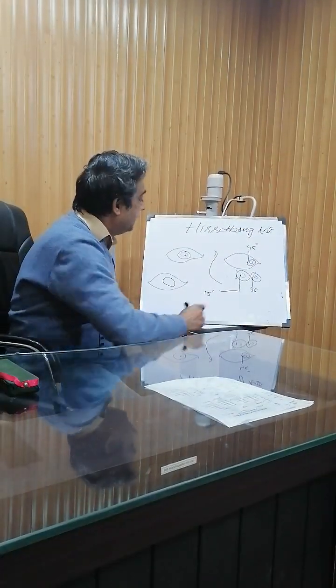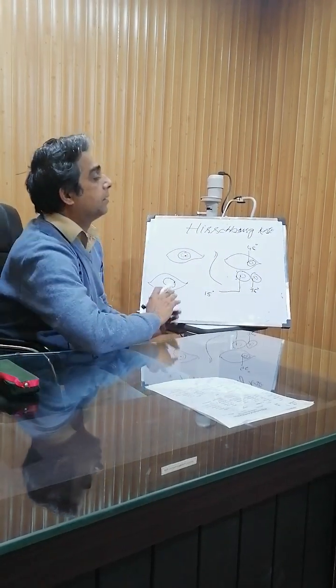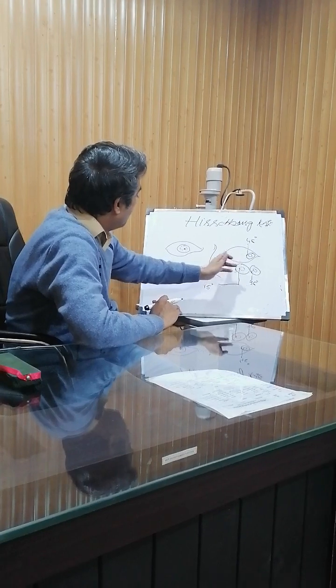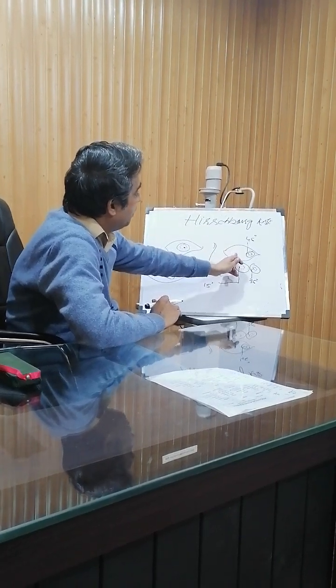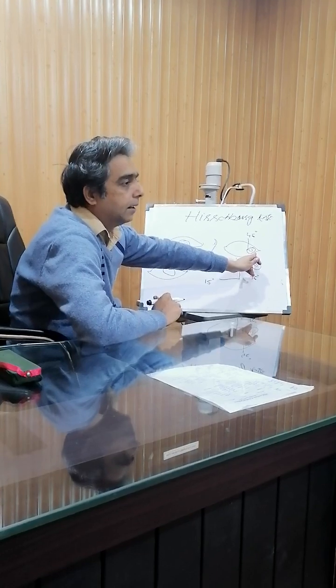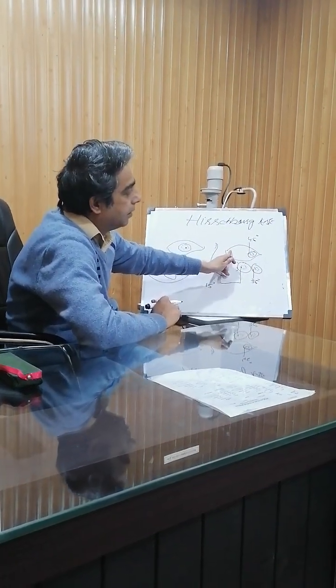Now these are in degrees, and squint is the displacement. The eye is displaced from the center point to the lateral side, or it comes inward.